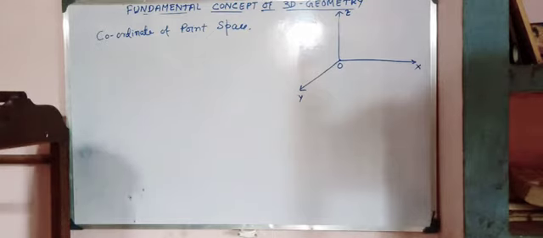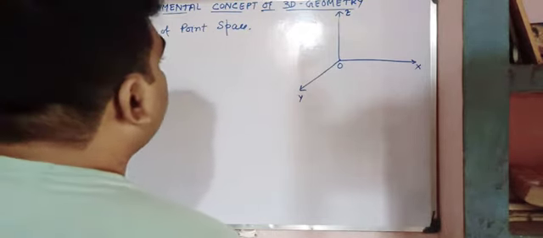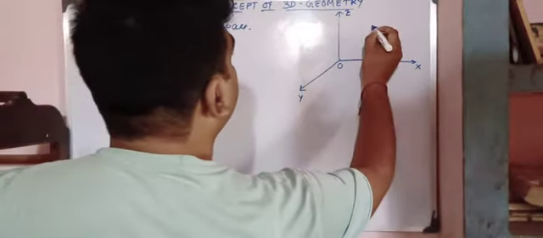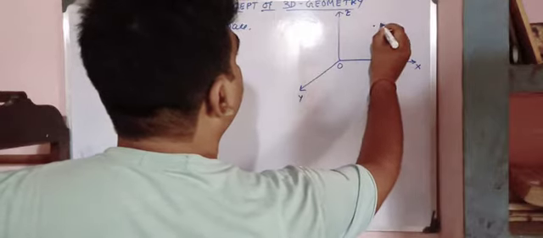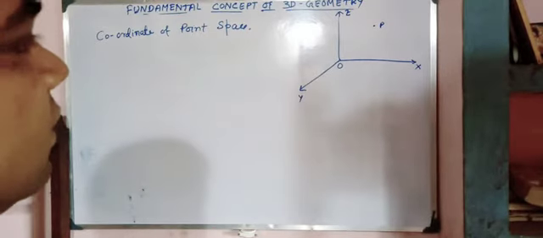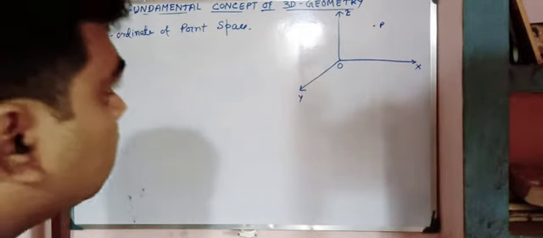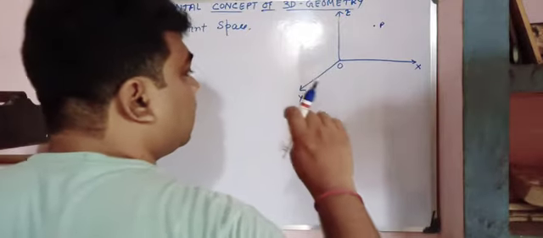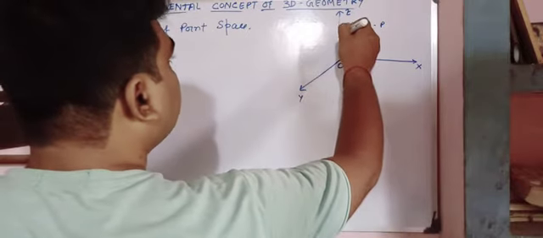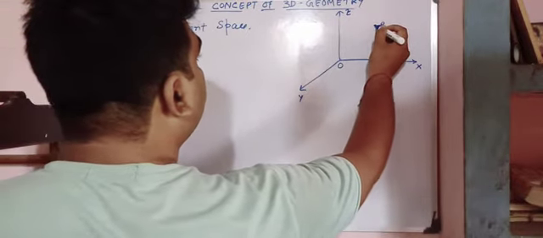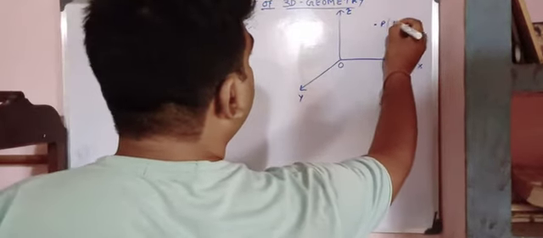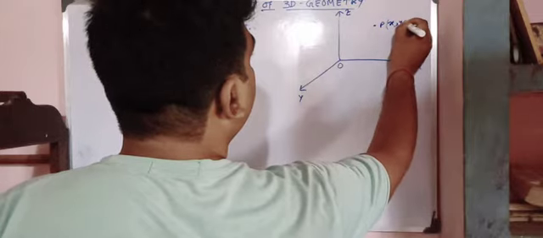Now if we take a point P over here, since in two-dimensional geometry the coordinate of P should be x comma y, that is the x value and y value. Now here, since it is three-dimensional geometry, the point should lie in space. So I am taking the coordinate of P equal to x, y, z.